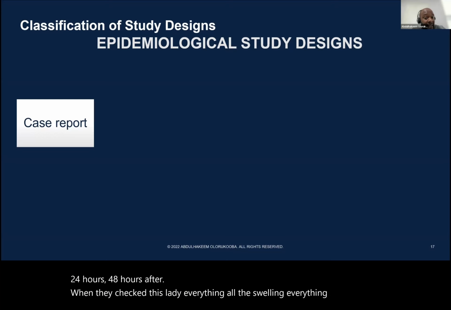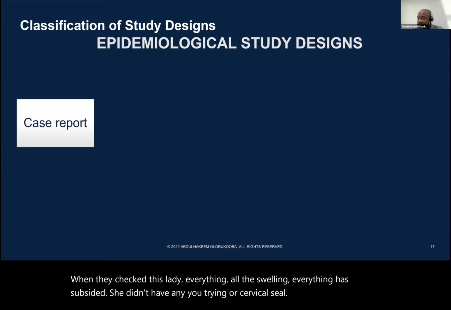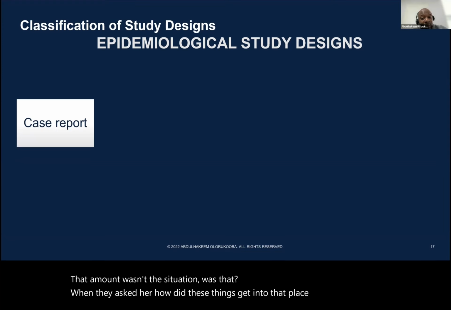She didn't have any uterine cervical CAO. What she had was those things that were causing that. And now to worsen the situation, when they asked her how did these things get into that place, she said she doesn't know.